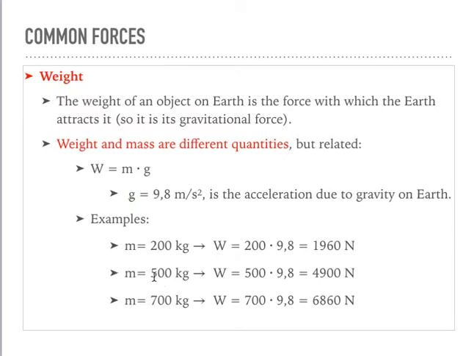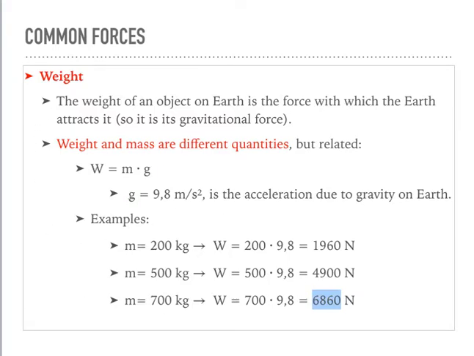Then the same, if we want to calculate for 500 or for 700, we will have to multiply the mass times the g, that's 9.8 on Earth, and we will have the force. In the case of 500, it's 4,900 newtons. In the case of a mass of 700 kilograms, we have 6,860 newtons, and yeah, so that's about it.